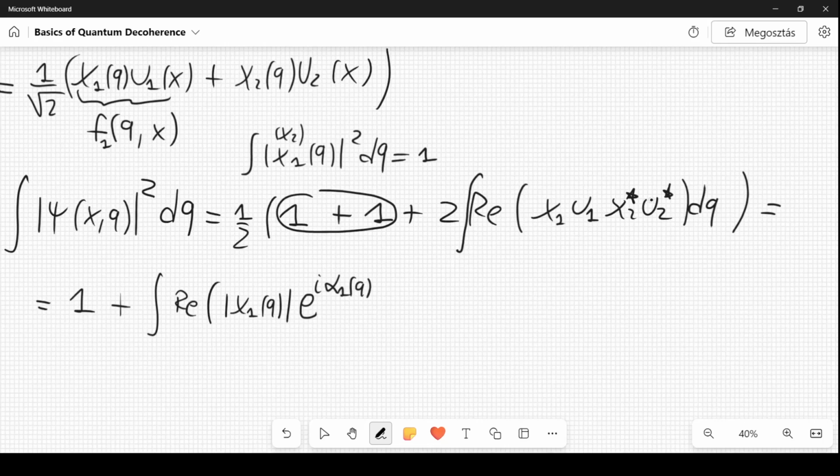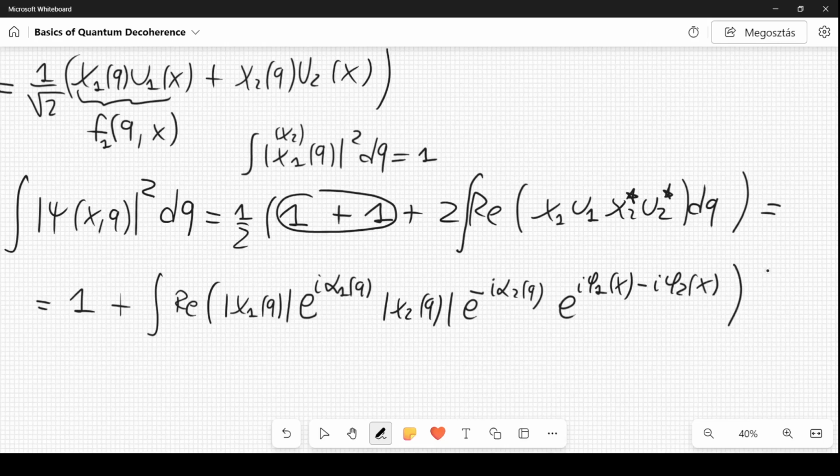And similarly, we can write chi2 star as mod chi2 of q times e to the minus, in this case, because we have the star, so we have minus I alpha 2 of q. Then we have u1 times u2 star, and that's e to the I phi 1 of x. So this does not depend on q. And then u2 star, we can write it here, minus I phi 2 of x. And we have to integrate over q, like this.